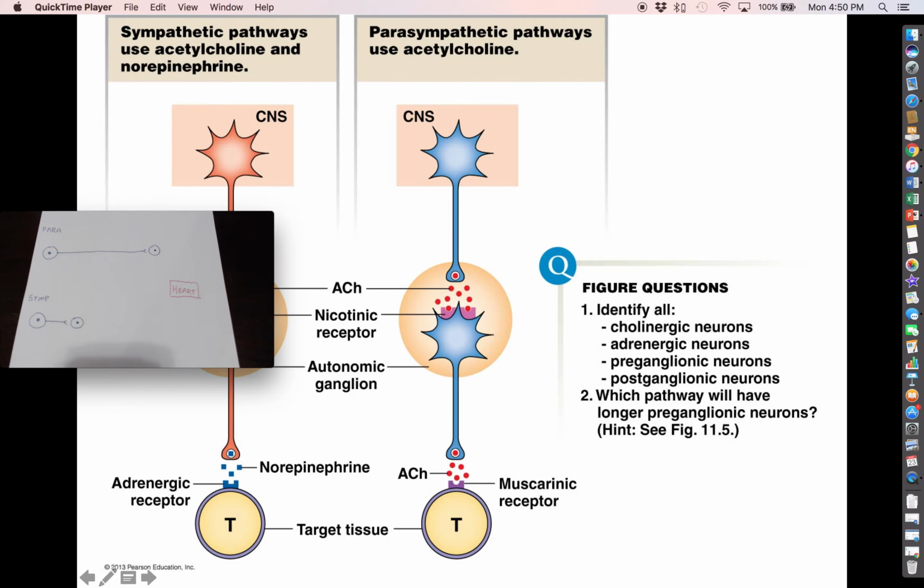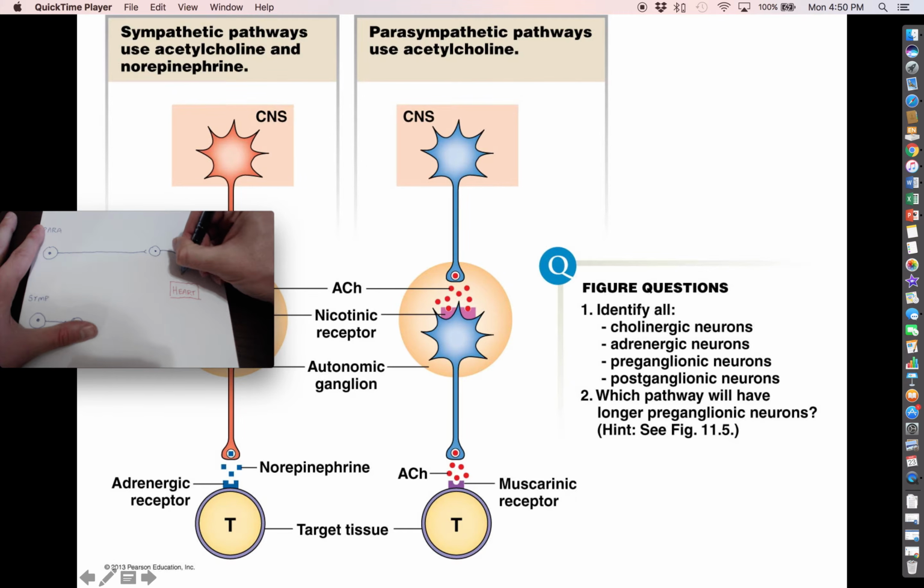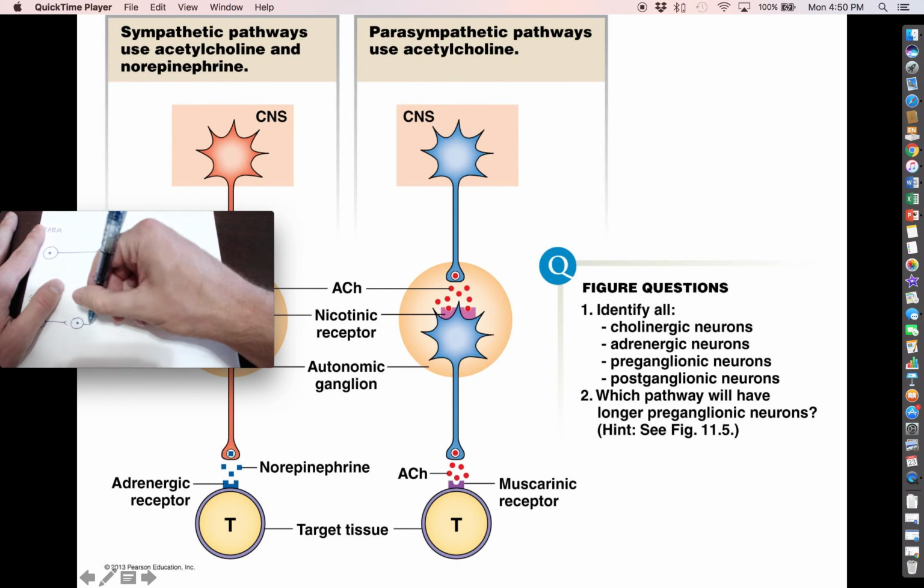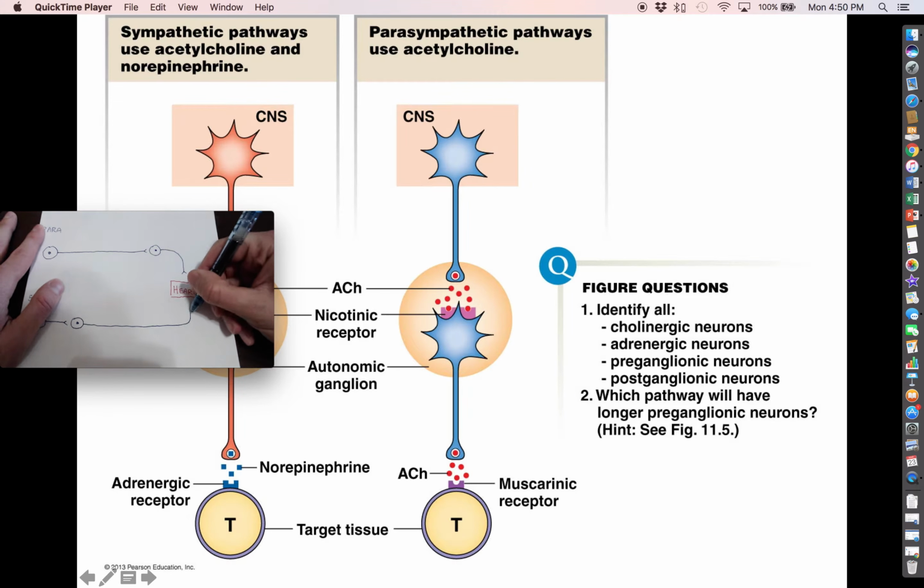We can increase heart rate, increase blood pressure, and all that. So what we're saying here is that both the parasympathetic and the sympathetic are going to contact the heart simultaneously.